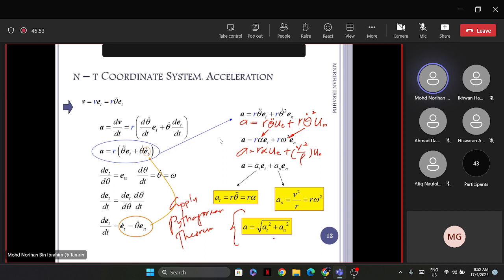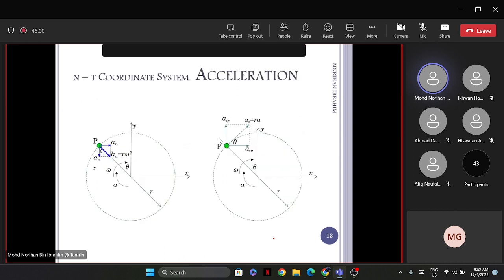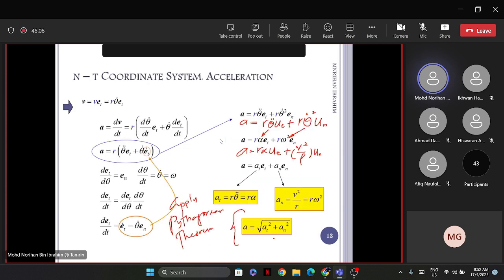So that is the acceleration equation, which needs to be remembered or memorized. This equation is important for you to remember.